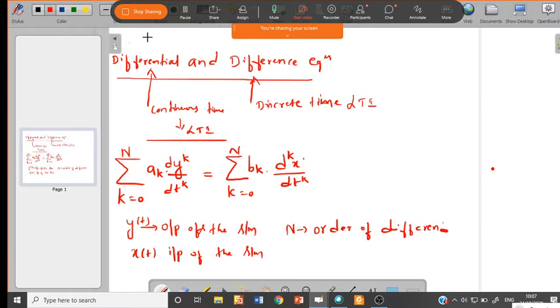What is meant by natural response? It is the output of the system when we give only the initial conditions with the input as 0.